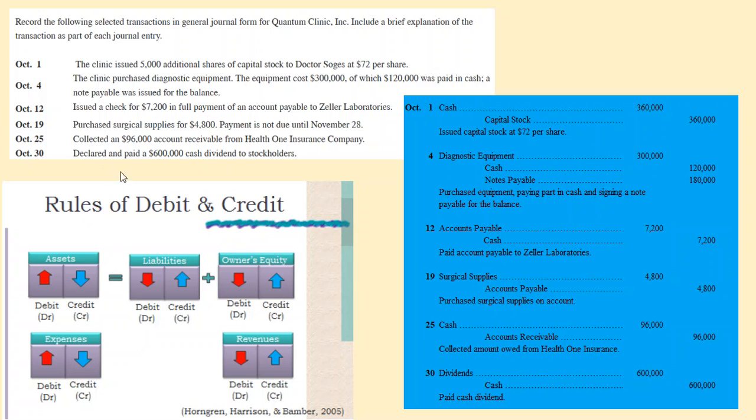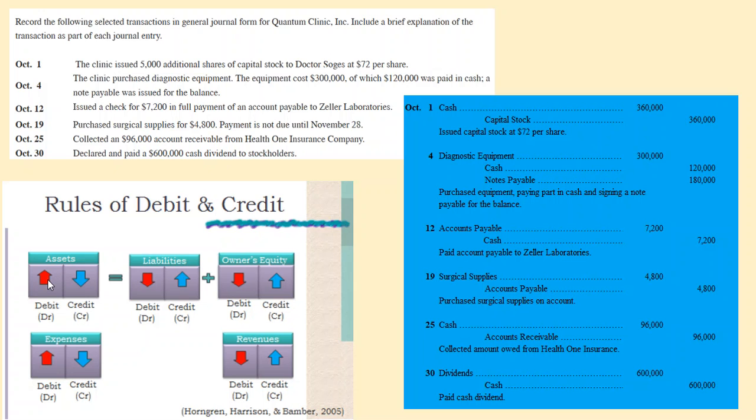On October 25th, this is kind of the opposite. This time we are collecting on an accounts receivable. An accounts receivable is an asset. It carries a debit balance. It is the opposite of an account payable. An accounts receivable represents money that our customers owe to us.